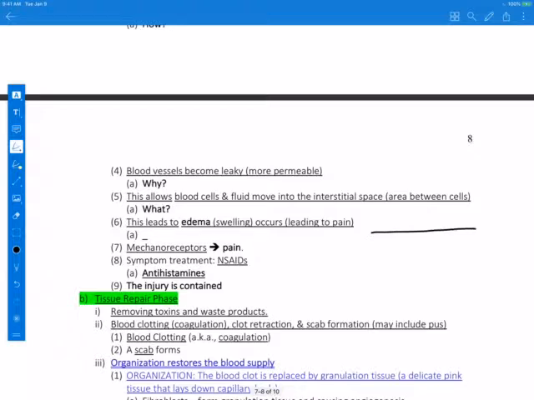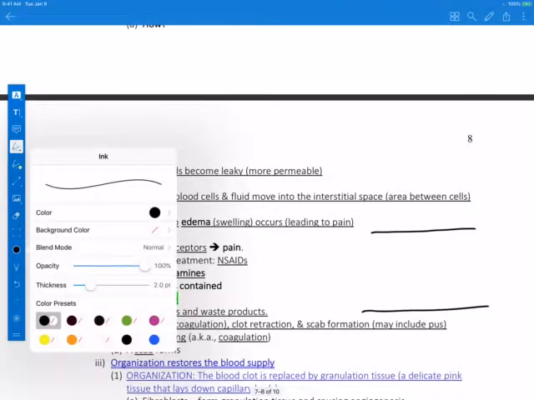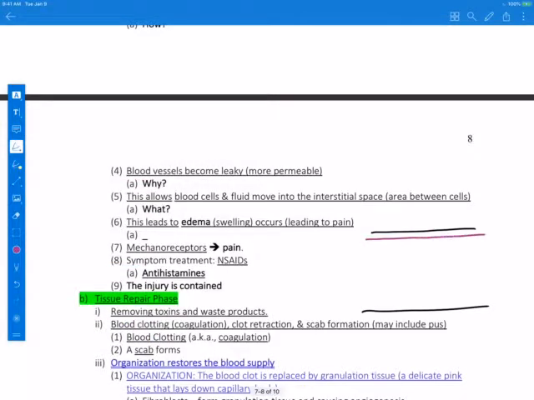So in a tissue, you could have a blood vessel, and I'll make that purple. You could have a blood vessel, and you could have surrounding cells.